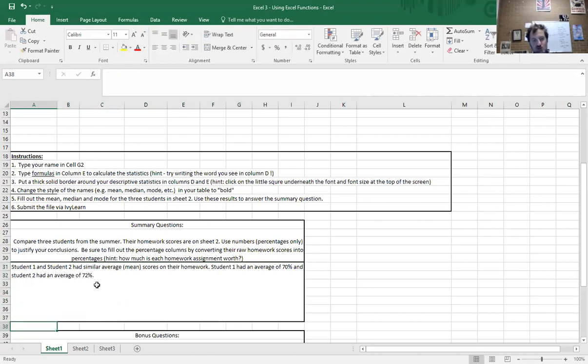So that's what I mean by compare and justify. And since we're comparing all the students, you probably want 2 or 3 statements about how they were similar or different. Comparison, again, in academic settings means you're sort of talking about what's similar and what's different.